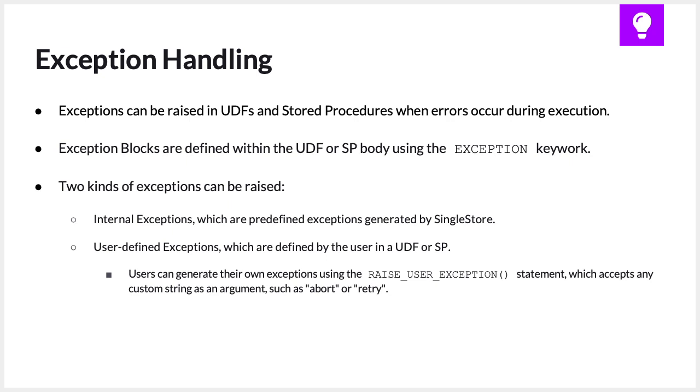Users can also create their own custom exceptions. For example, you can define an if statement that raises an exception if a certain condition is not satisfied. The user exception function accepts a string that will serve as a message identifier for that particular exception.